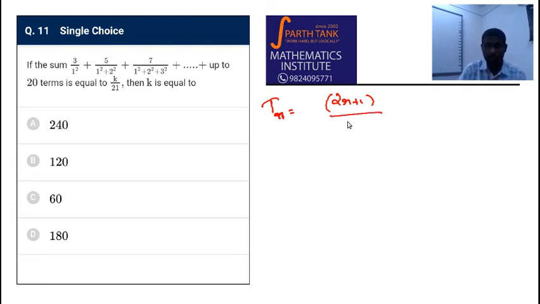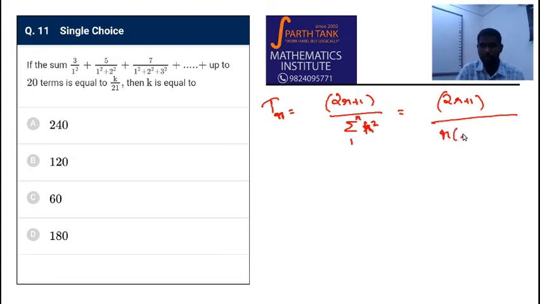And the denominator is summation of k squared from 1 to r. Numerator is 2r plus 1, and the denominator, we know the expression summation of k squared from 1 to r is r into r plus 1 into 2r plus 1 by 6.